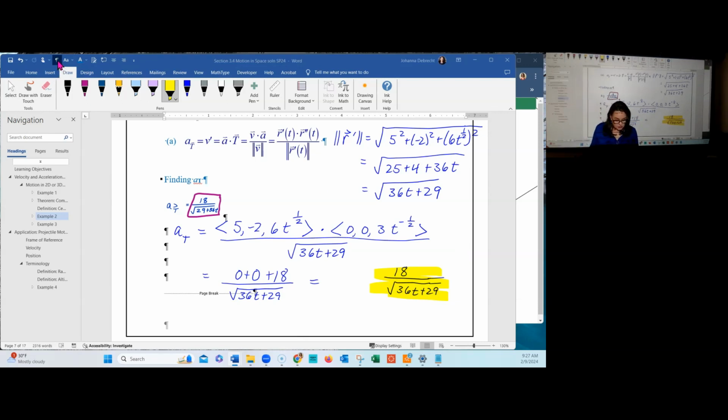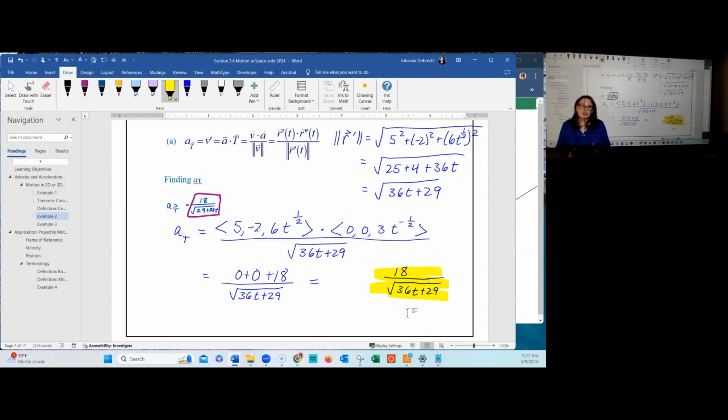This gives me, for the tangential component, the real valued function of t multiplied by the unit tangent vector, 18 divided by the square root of the quantity 36t + 29.